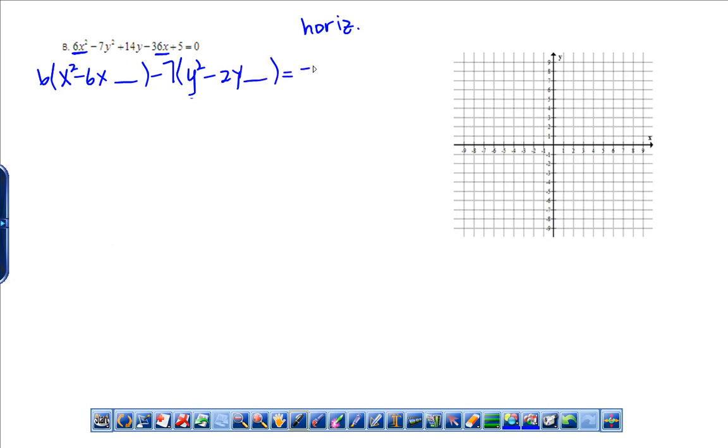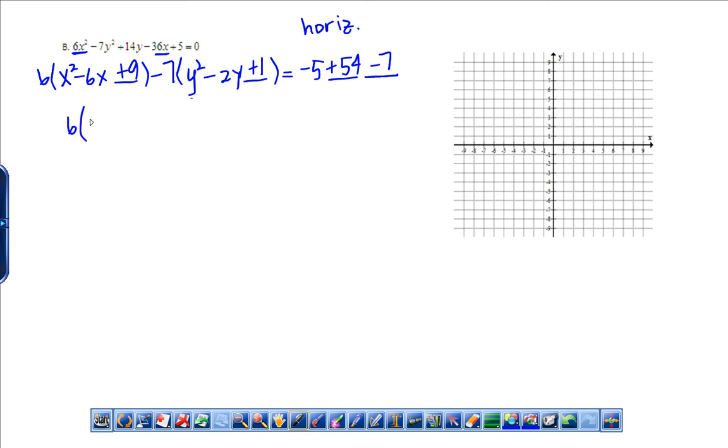Move over your 5, leave a blank for your x, leave a blank for your y. Half box square, that means I'm going to add a 9. That is really 54, so add a 54 over here. Half box square, you're -2, that gives you a +1. This is really a -7.